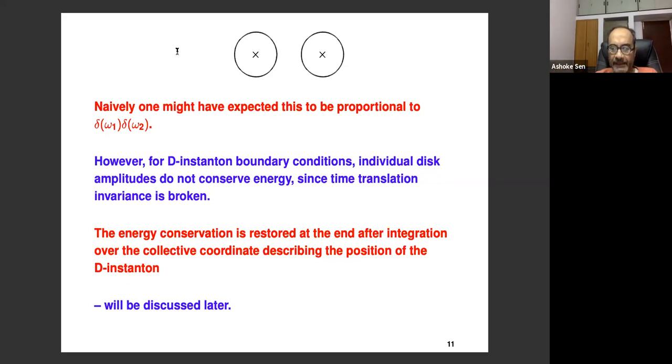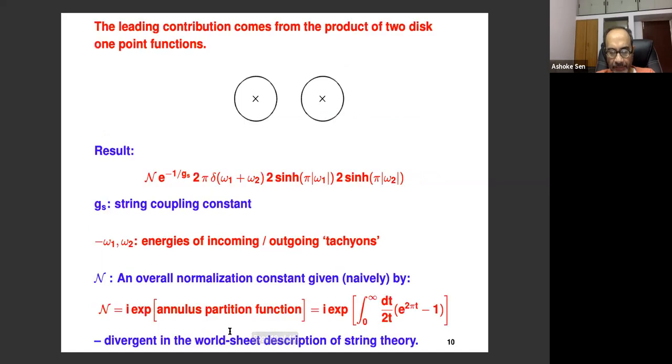The perturbative amplitudes are not accompanied by these bubble diagrams, the instanton amplitudes are. So it's important to include these diagrams, because when you divide by the sum of all the bubble diagrams, these diagrams don't quite get cancelled. So we really need to include this exponential of the annulus partition function in the expression for the D-instanton amplitude.